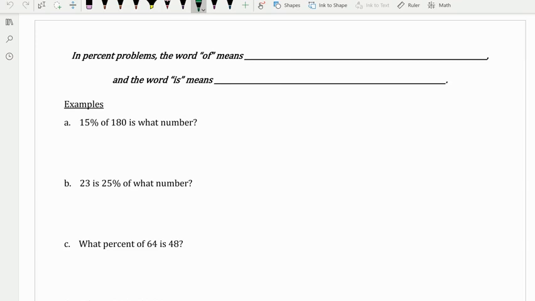One way that I always found very helpful when thinking about percentages and turning these into math problems is remembering that anytime you see the word "of," you want to always think of multiply. When we're talking percents, anytime you see the word "of" is multiply, and anytime you see the word "is," that's our equals.